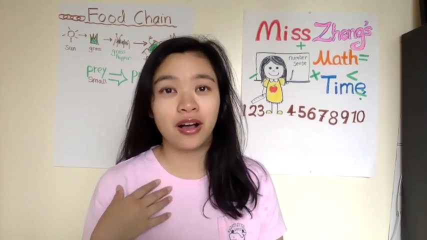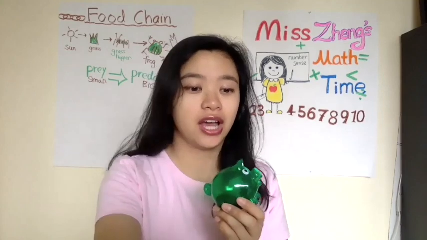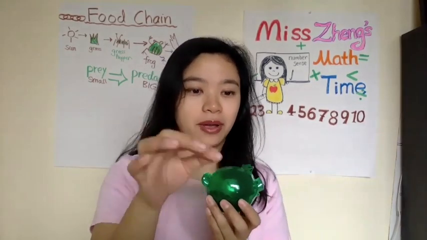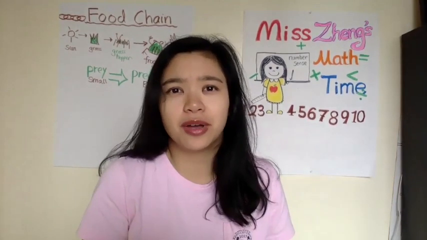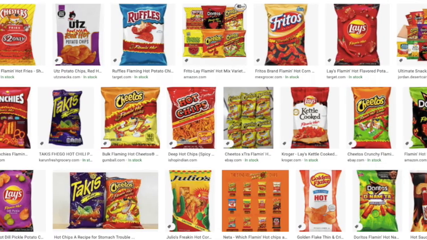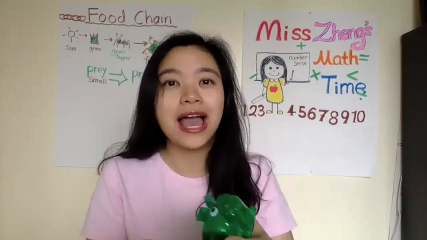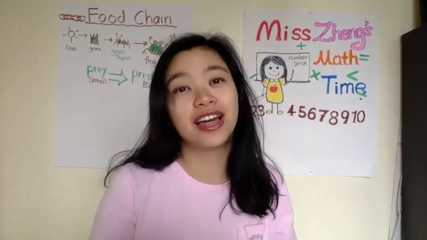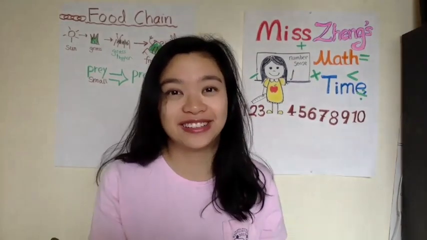When I was small, whenever I had excess money, I just put it one by one into my piggy banks. And when I wanted to buy hot Cheetos as a kid or buy ice cream from the school cafeteria, I would withdraw my pennies and my coins from my piggy bank and see if I had enough money to spend.